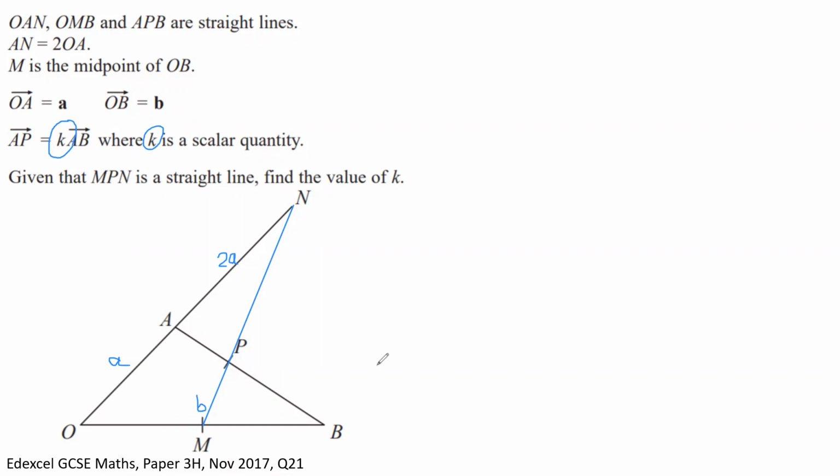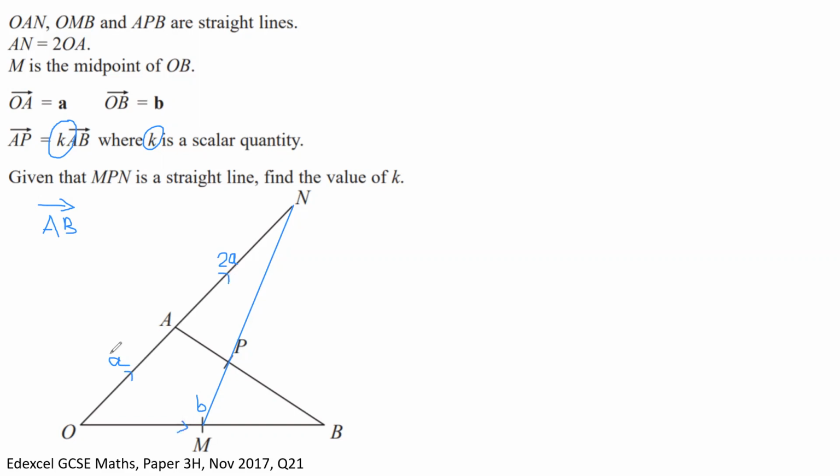So let's start by thinking, we need to know what A to B is in order to then find out what fraction A to P is in comparison to A to B. So A to B, as I said for the previous question, we can't go directly from A to B. Let me just draw these arrows on here actually, because then we know what direction we're traveling in.